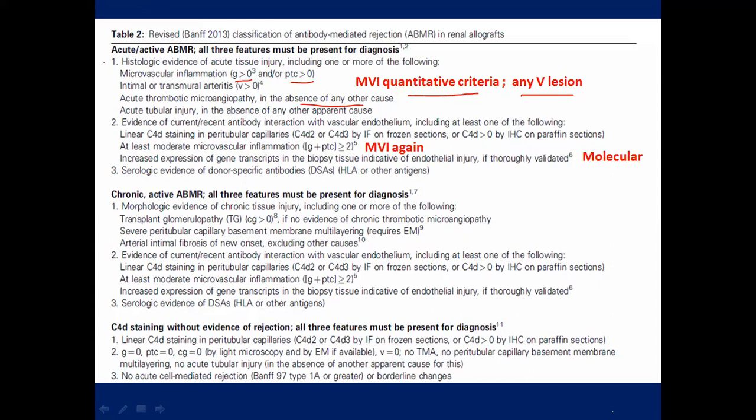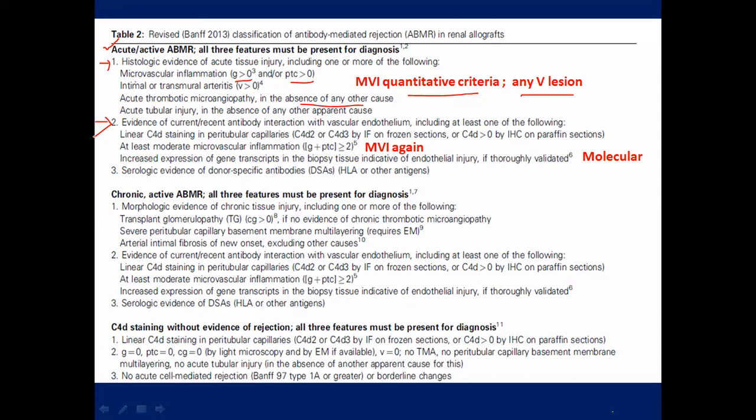For acute or active antibody-mediated rejection, all three features must be present for diagnosis. The first is the histological criteria, which shows presence of ATN, microvascular inflammation, intimal or transmural arteritis, or acute thrombotic microangiopathy. Then you have to demonstrate that there is evidence of antibody interacting with the vascular endothelium.